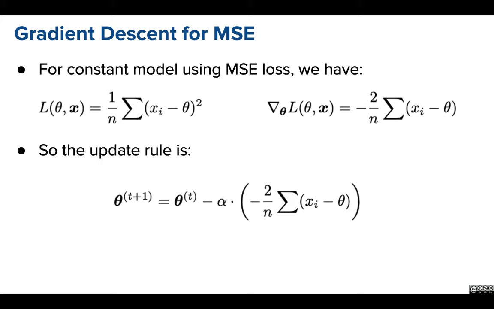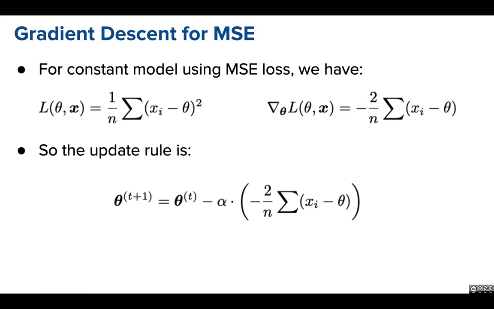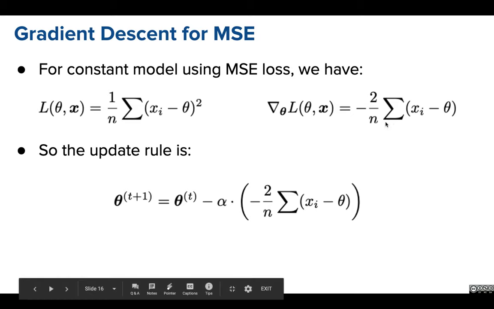This is a procedure you should become familiar with. If I tell you to write the update rule for a loss function, you should be able to say, what I need to do is take the gradient, plug it into the update rule, and maybe simplify a little bit if there are some complicated terms. That's about it. And it's much simpler algebraically than setting the gradient equal to 0.